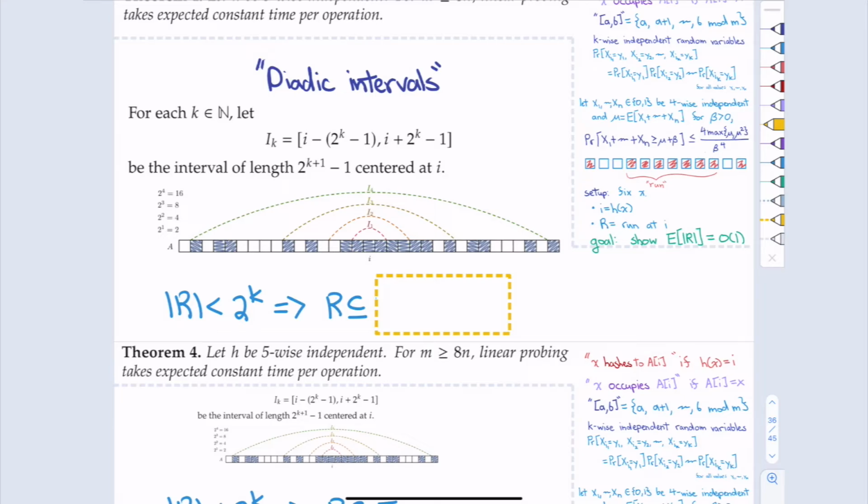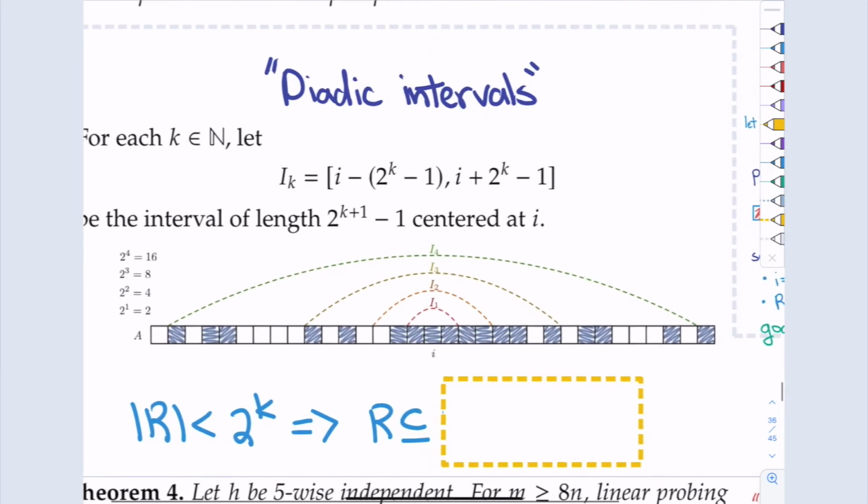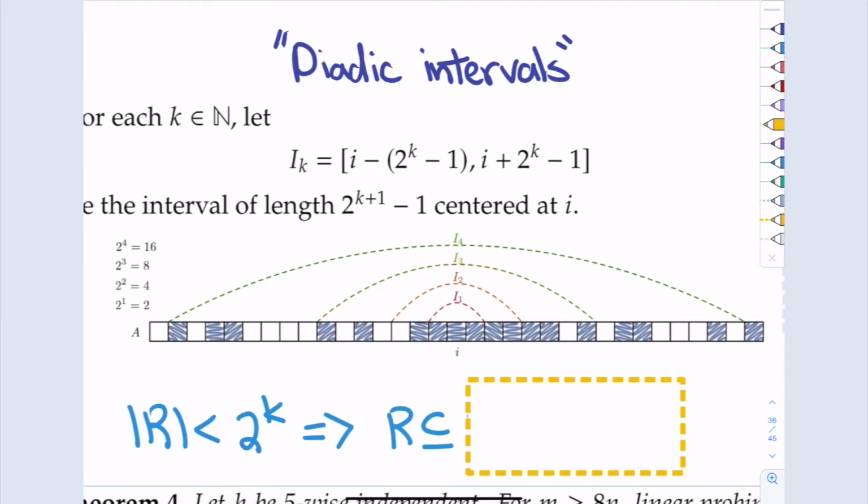Okay, so let me zoom in a little for us. If I look at this picture, I'm looking at the interval with 1 on each side, so 3 total, which is 4 minus 1. Then I look at the interval of length 7 around it, roughly 8 minus 1.